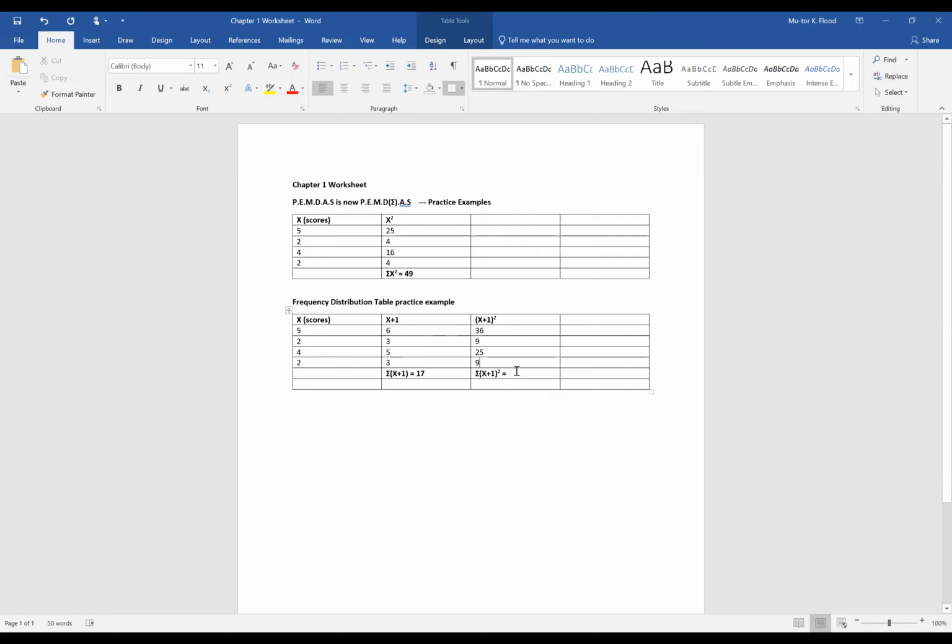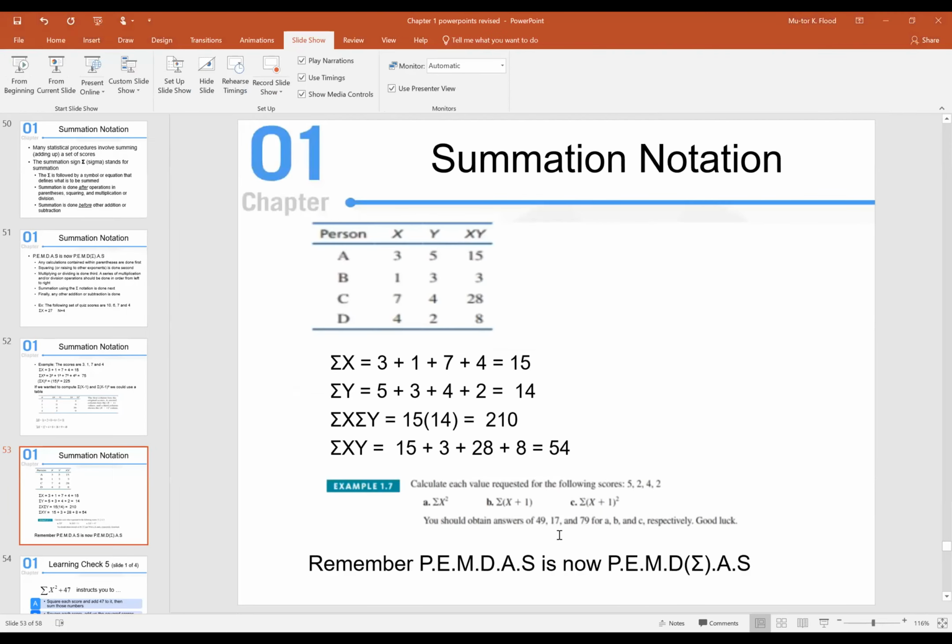And so the next part of this is saying we have to add all those up, because it has that sigma. So 36 plus 9 plus 25 plus 9 is going to give us 79. So those are the answers to the questions that we have right here.